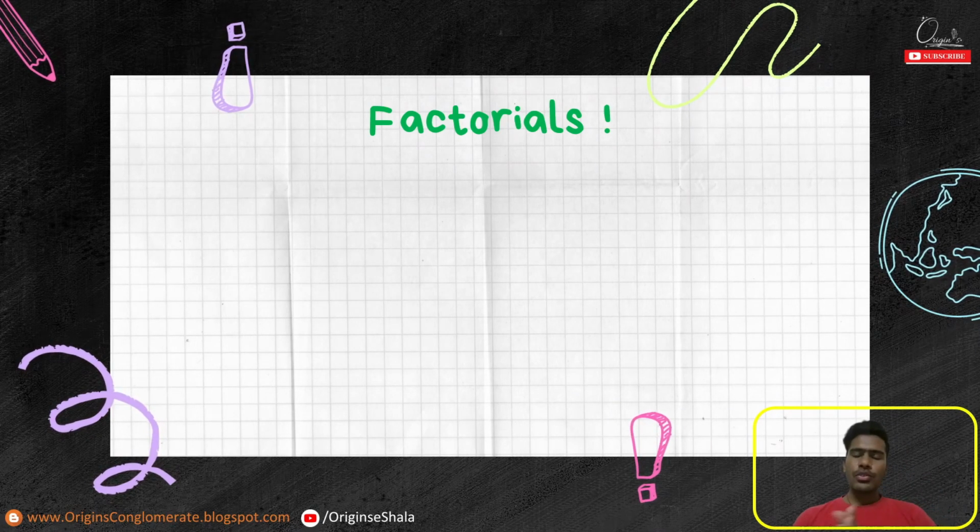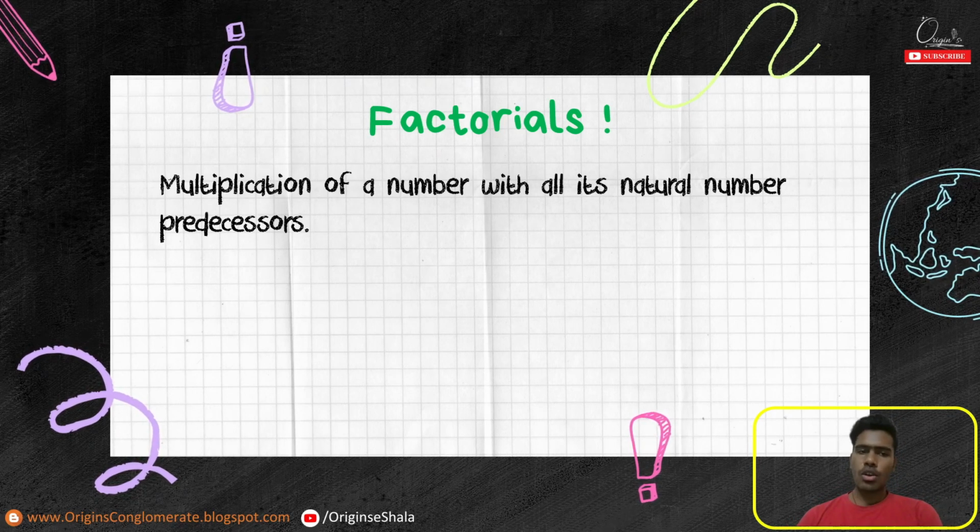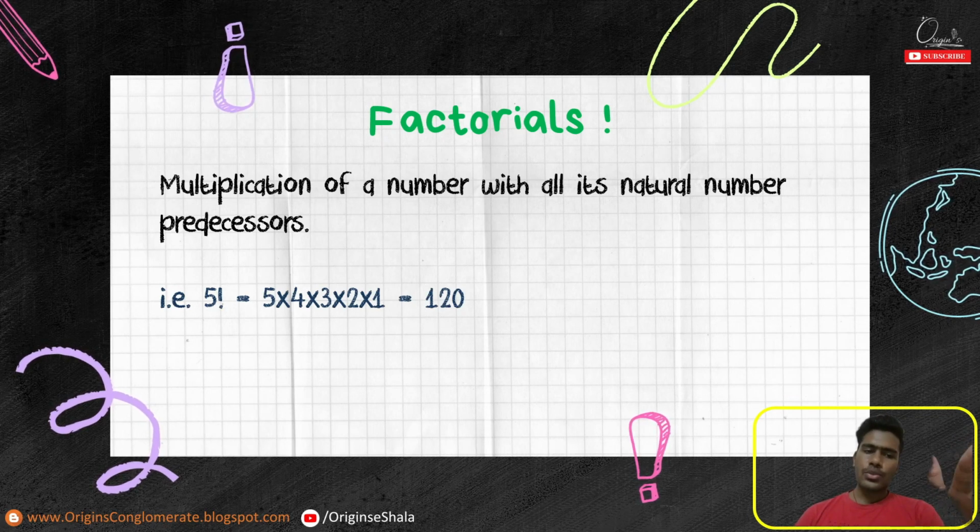Since we have been playing around with factors for quite a while, I think it's a good time we hit the factorials. Any new person who may not know what exactly factorials are, it's quite simple. Multiplication of the number with all its natural number predecessors. Let's say I say 5 factorial.